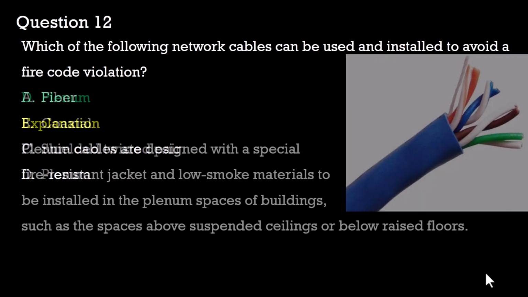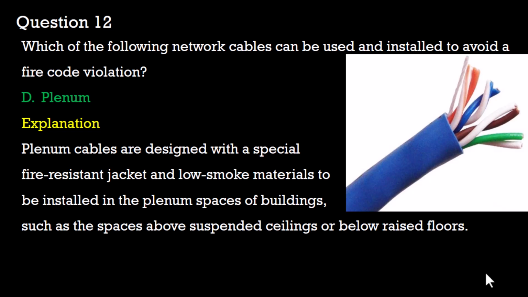So the answer here is option D, the plenum cable. Now, the plenum spaces of buildings are spaces like the above suspended ceilings or the raised floors. These areas are used for air circulation and heating and air conditioning systems, and the plenum cables are designed to minimize the risk of fire and toxic smoke in case of a fire.